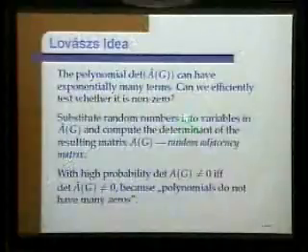So the idea here is that we use some randomization. We take this matrix and substitute random numbers into the variables, and in this way we get a random adjacency matrix. Then, with high probability, the determinant of this matrix is non-zero if the original determinant was non-zero.